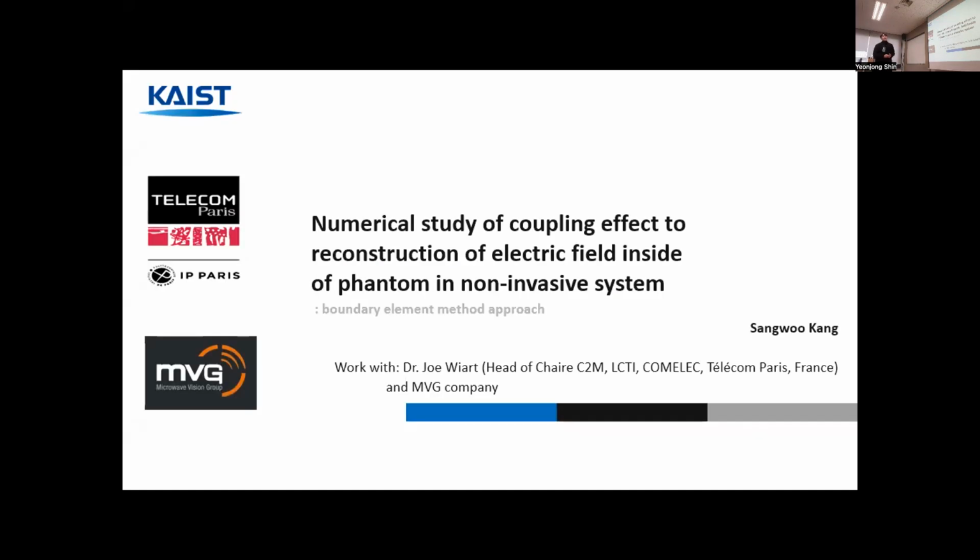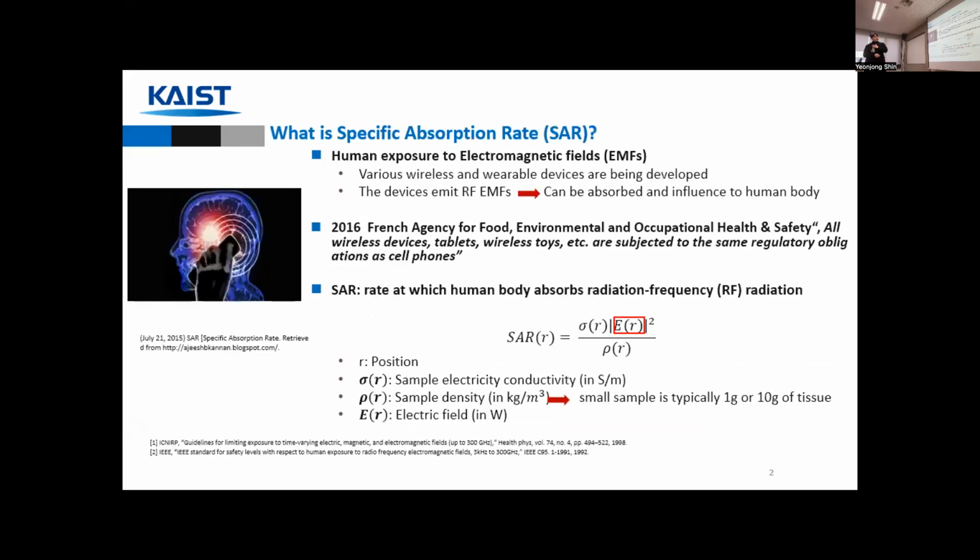This is another subject, the numerical study of coupling effect or some reconstruction of the electrical field of quantum. This is to check the specific absorption rate. SAR is the specific absorption rate from the cell phone or some smart device.